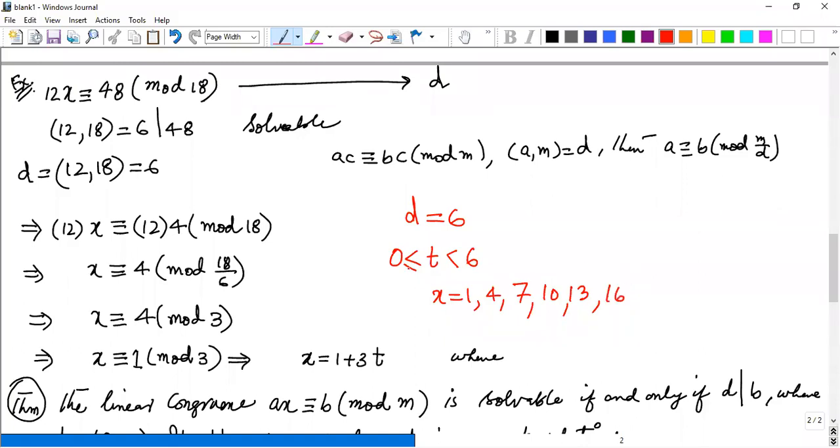So we put values of t from 0 to 5, and we get 6 incongruent solutions.